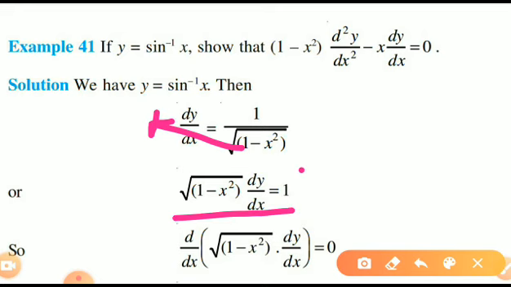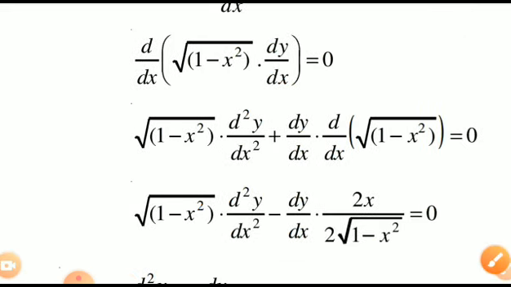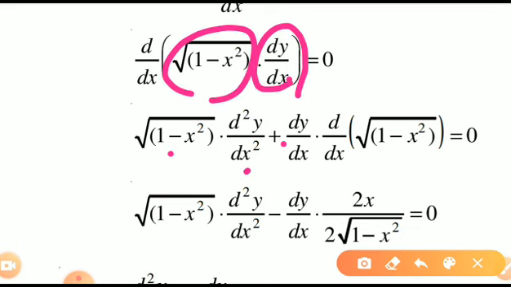After this, differentiate it with respect to x. So what you will get: d by dx of, I'll be having which rule here? It is nothing but your u into v form, the product rule. So it is first into the derivative of second plus second into the derivative of first. The derivative of root x is 1 by 2 root x.